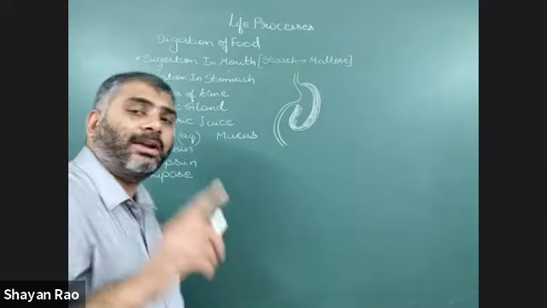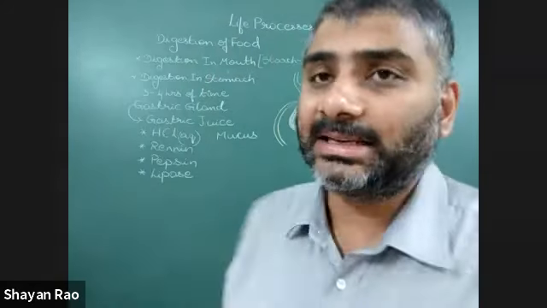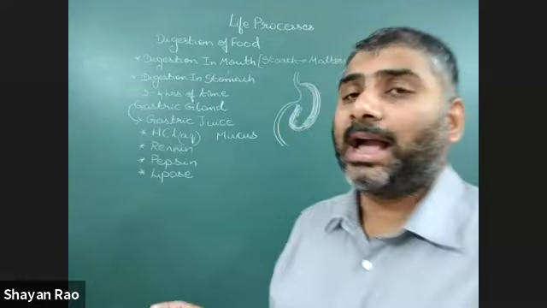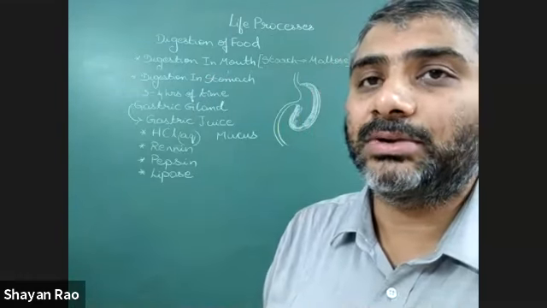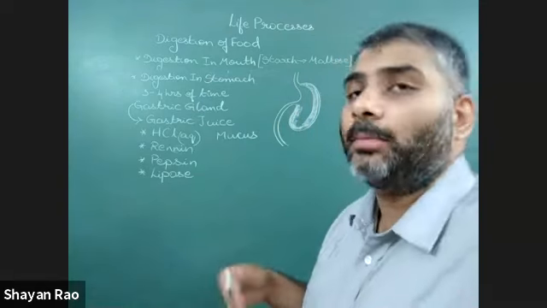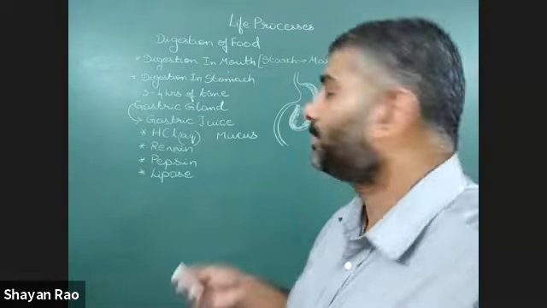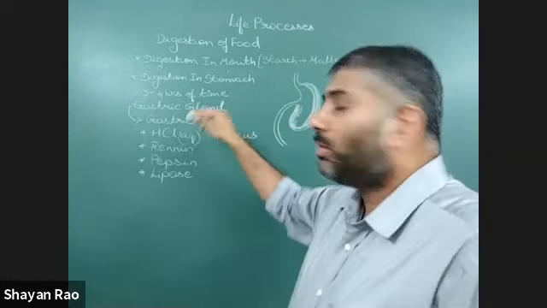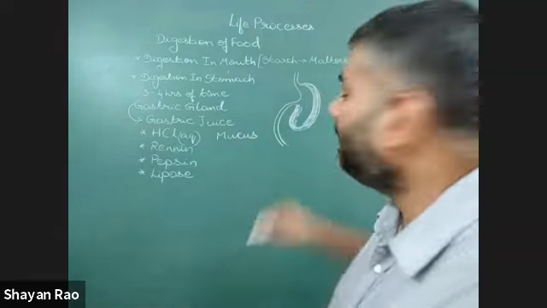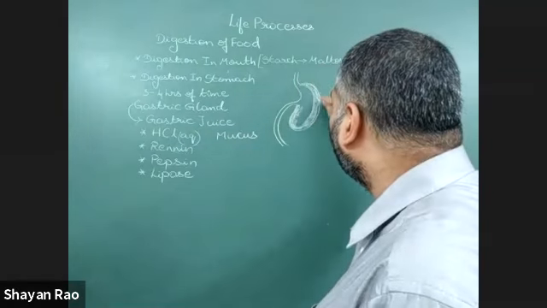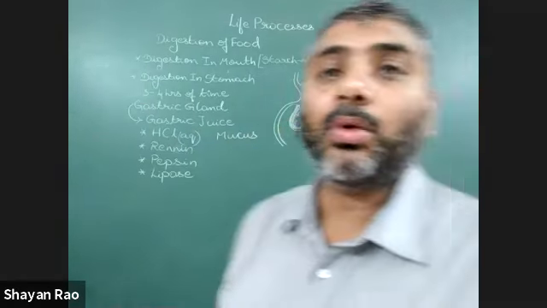Hydrochloric acid is highly acidic in nature. It has to act on food, and complex food molecules have to be digested into simpler food molecules. So if hydrochloric acid is highly acidic, there is all possibility that the entire stomach wall can get corroded.